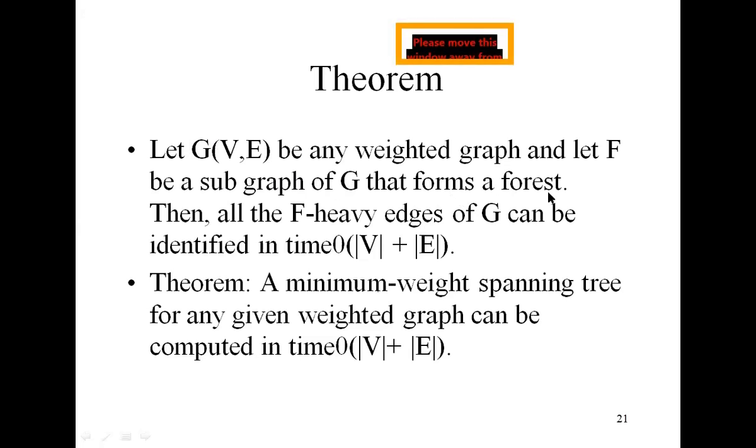Then all the F-heavy edges of G can be identified in time O(V + E). So F-heavy edges, meaning more expensive edges, are identified within time O(V + E). So those edges you can eliminate in the subgraph.